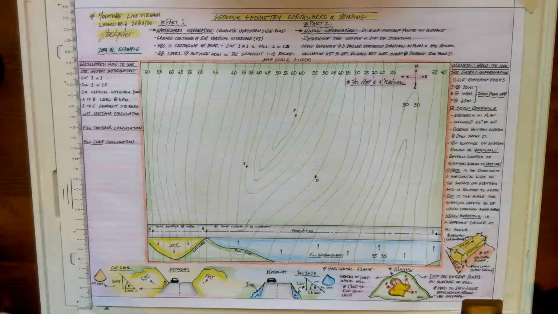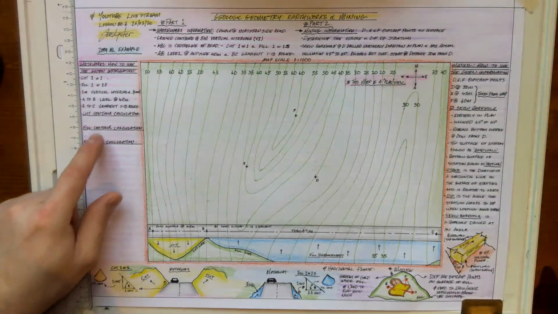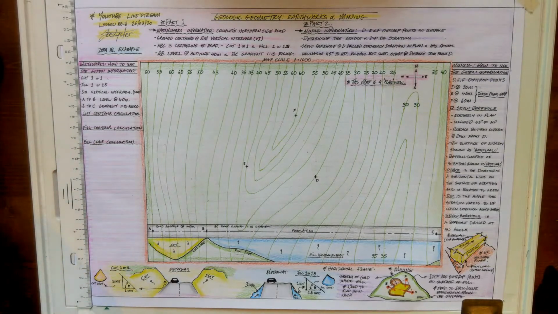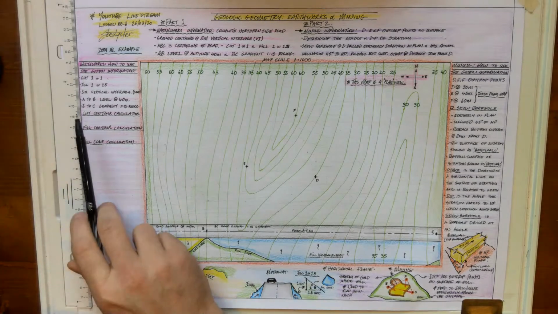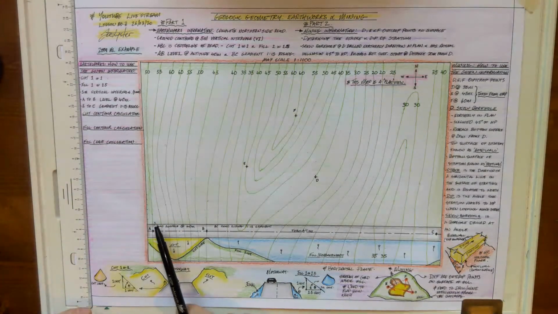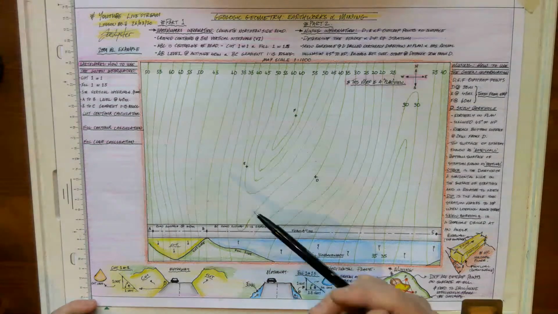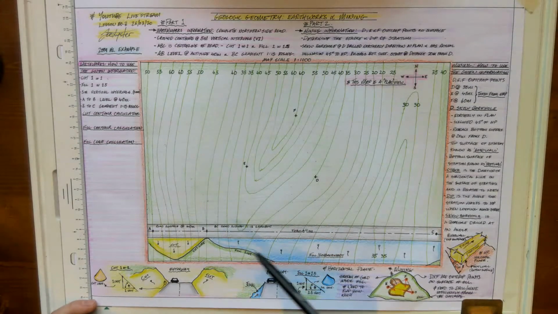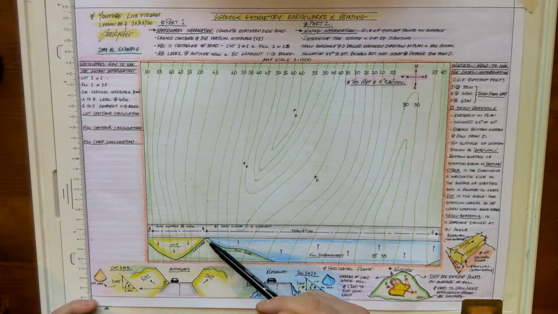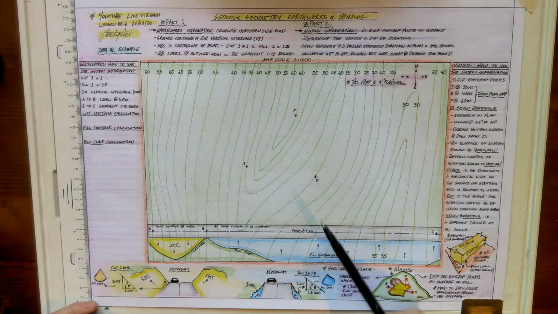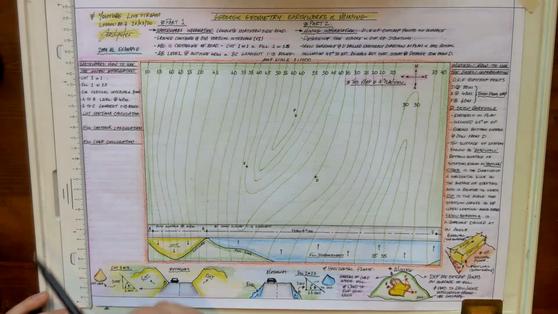Now, getting to the drawing part of it. We need to do a little calculation first. We're going to do a calculation for the cut contours first. The cut contours are going to be like a series of lines that intersect the contour lines we have on the map, and they're going to allow us to find the necessary points on our cut line, which will represent our actual earthworks for that part of the road.